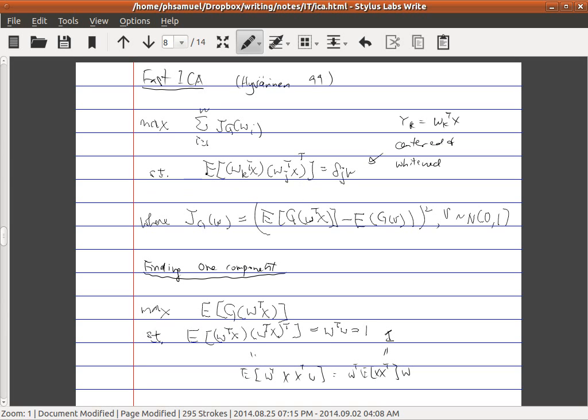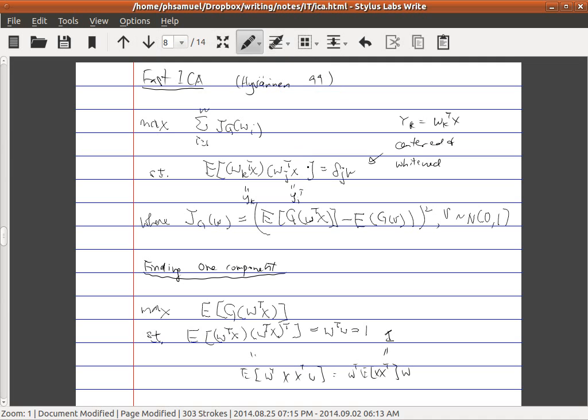So therefore, we want to have the expectation of wk transpose x, which is basically just yk, and this is yj transpose. So we just want to make sure this is a delta function here. Actually, I think there's a typo here.